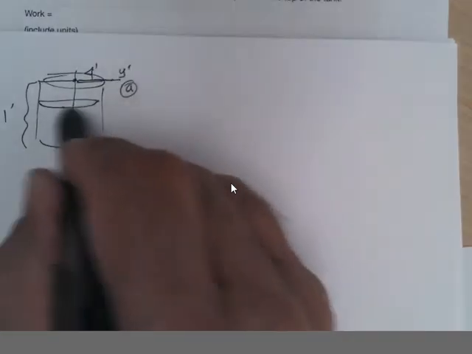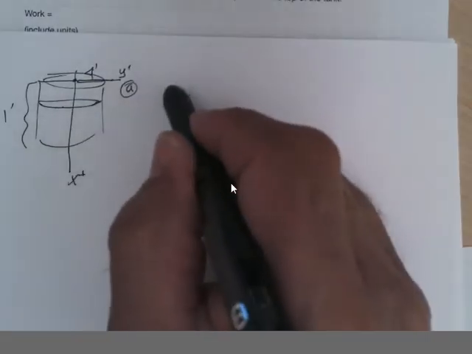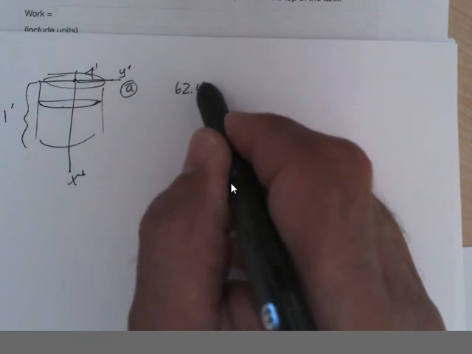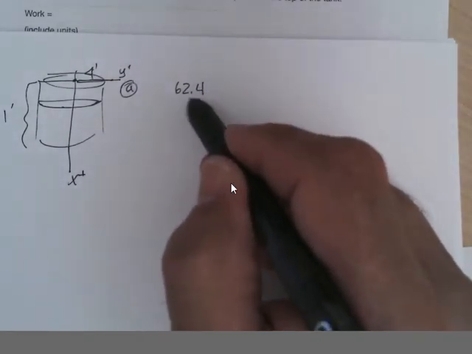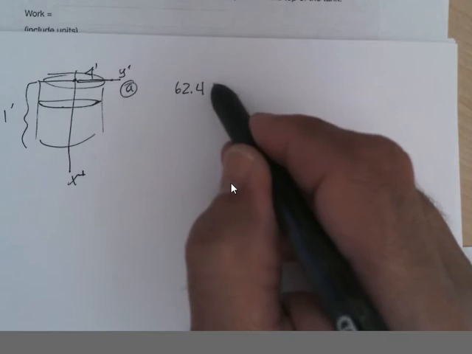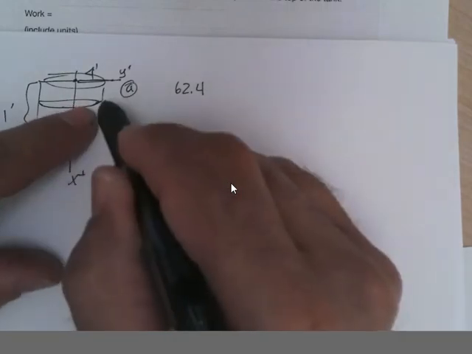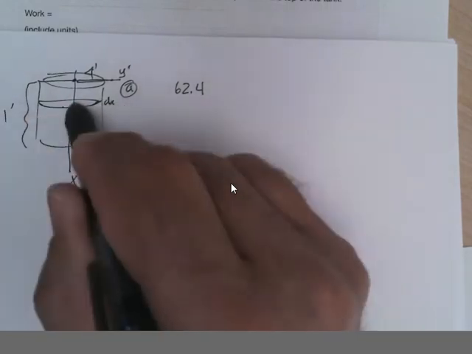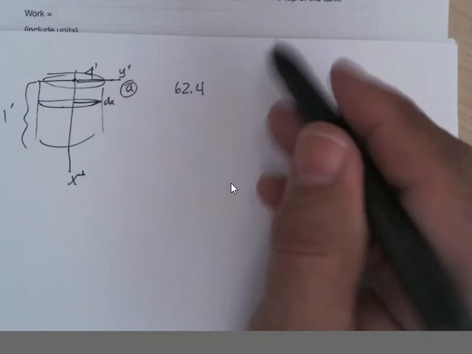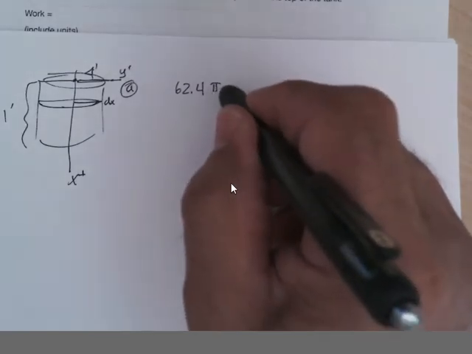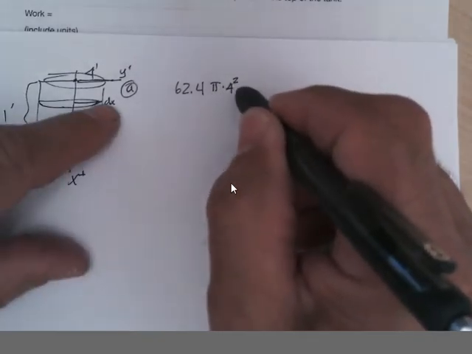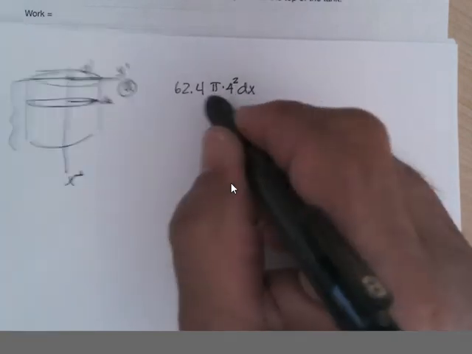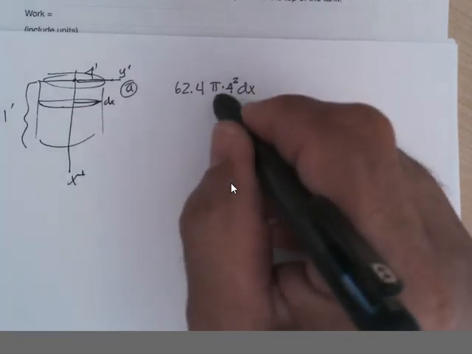then the slice, we'd have the density 62.4 pounds per cubic foot, so we have to take it times the volume. We're going to have a slice here that's dx thick and has a radius of 4, so it's going to be pi times 4 squared, pi r squared, times the thickness. That's the volume of a slice.